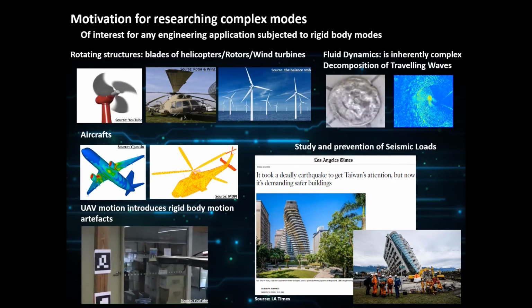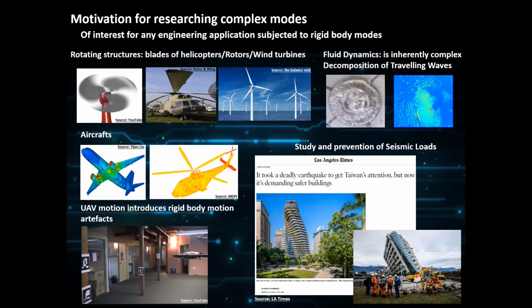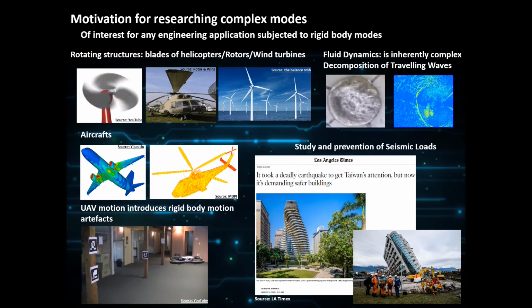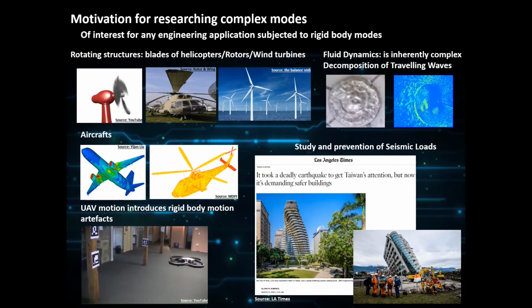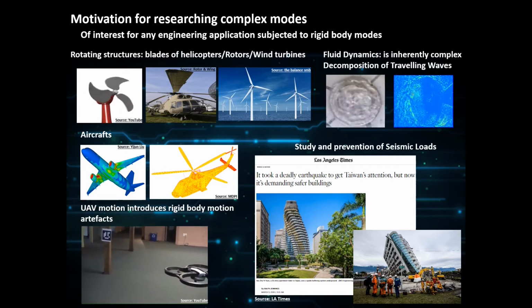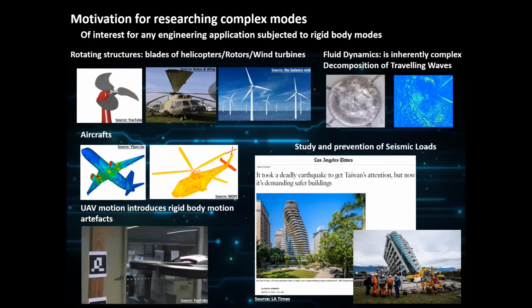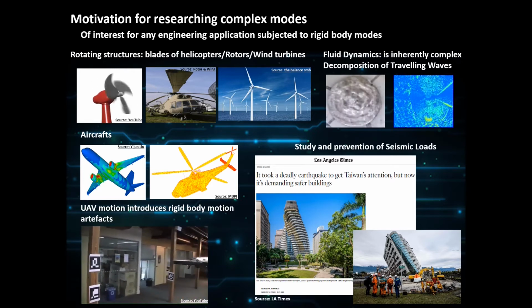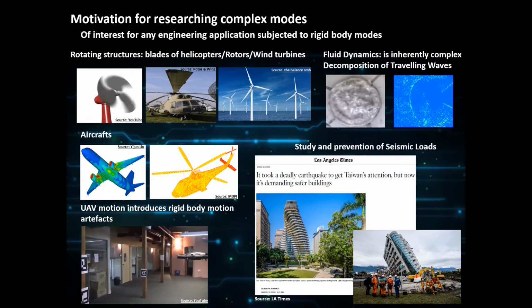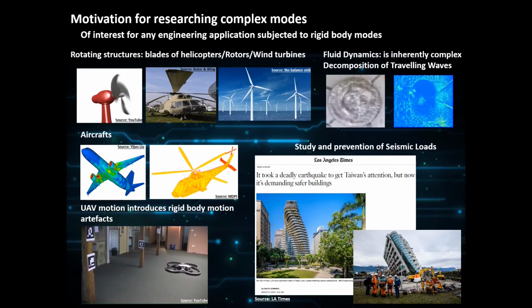The motivation for researching complex modes derives directly from rigid body modes. Rigid body modes appear every time a rigid structure presents some kind of translational or rotational movement. In this case, the rigid body mode has zero or almost zero amplitude. However, it presents some characteristics in the phase information.